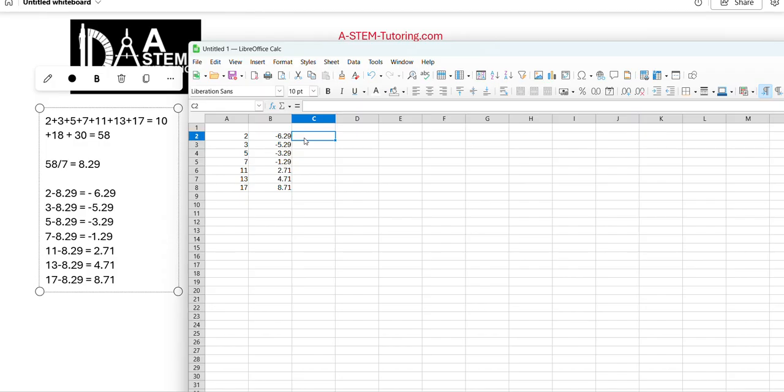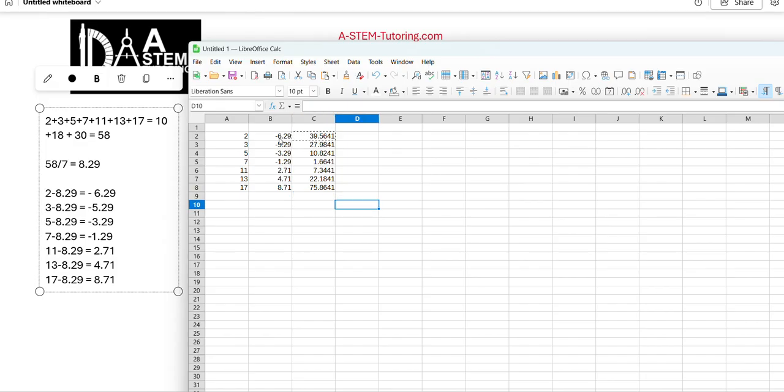Now we want to square all these variances, these differences. So we'll take the square of the item in column B, and again, copy it all the way down. Now, I'll take the sum of that column of squares and divide by 7 because there are 7 numbers.